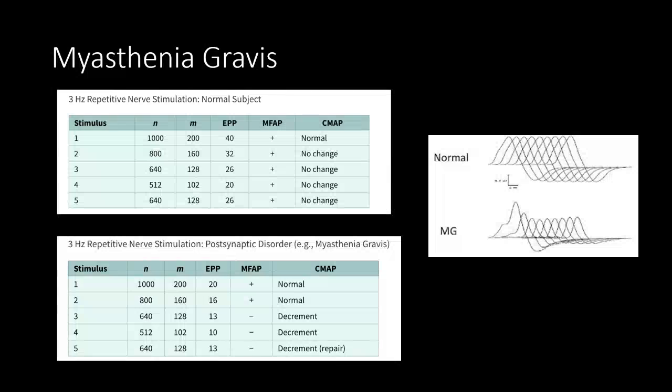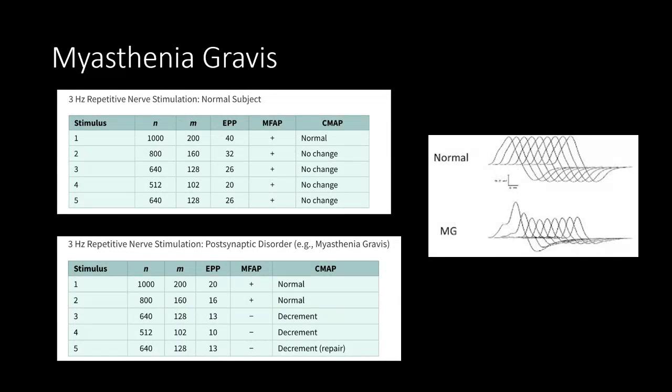There's still an adequate end plate potential, same outcome. The fourth stimulus results in the smallest end plate potential, but it's still adequate. And then once you get to the fifth stimulus, you start to mobilize the secondary mobilization stores of acetylcholine, and so the quanta actually go from 512 to 640. And again, you have a very adequate end plate potential to generate a normal CMAP.